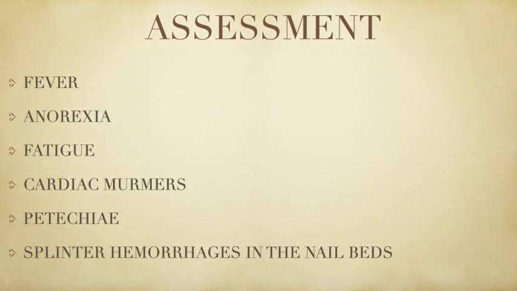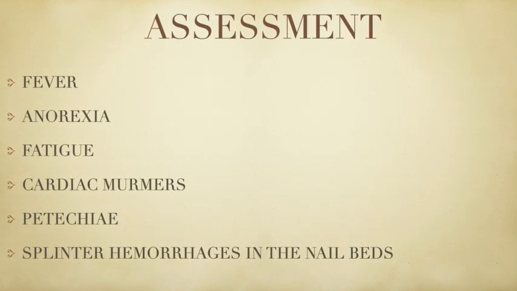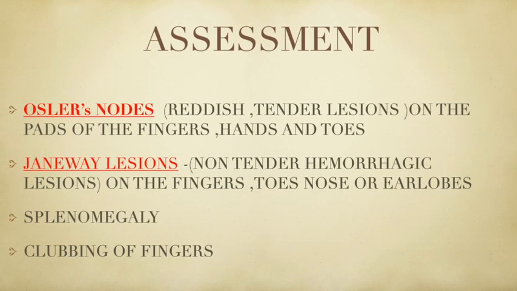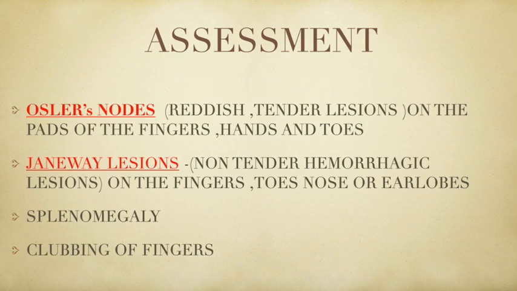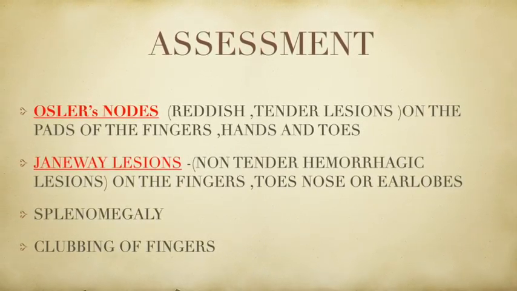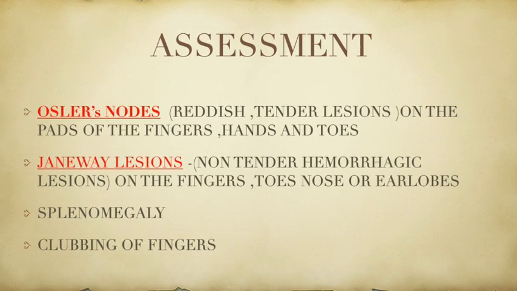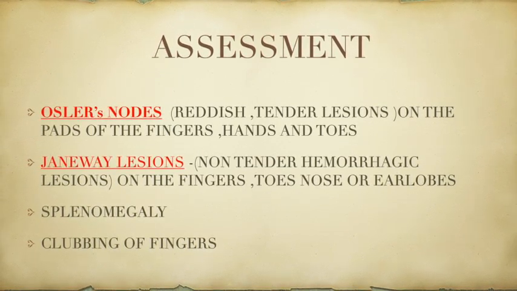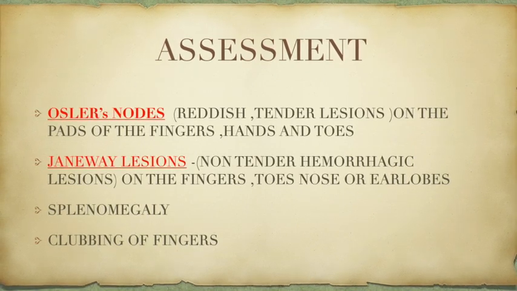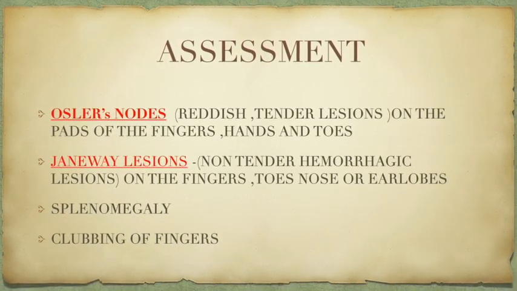Splinter hemorrhages occur in the nail beds, and Osler's nodes are reddish tender lesions on the pads of the fingers, hands, and toes. Janeway lesions are non-tender but hemorrhagic lesions on the fingers, toes, nose, or earlobes. Apart from this, splenomegaly and clubbing of fingers will be present.